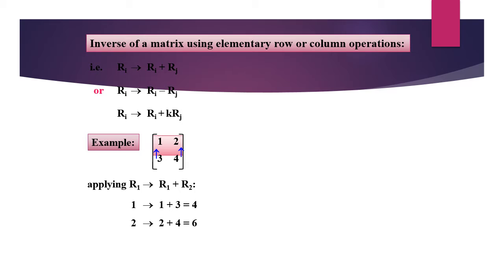So now the elements of the row present on the LHS will change. That is, the row in the operation is R1. So elements of R1 will change to R1 plus R2. That is, the new elements will be 4 and 6. So the transformed matrix we are obtaining is 4, 6, and the second row elements will remain as they are, that is 3, 4. So this is how we use the property Ri implies Ri plus Rj.